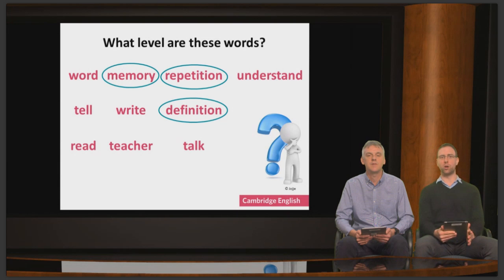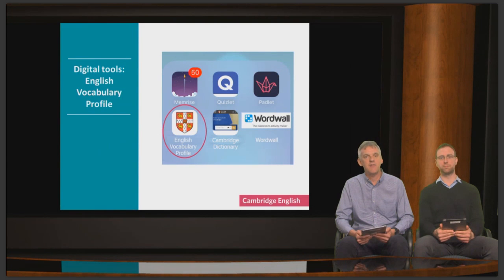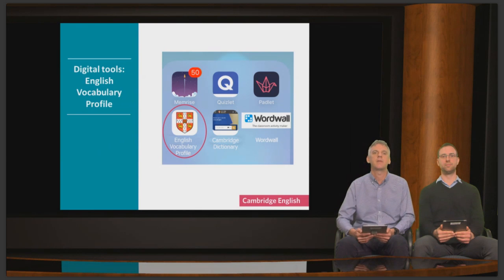But how can you find out what level they are? Well, there are several options to find out the level of a word, but let's start by looking at this free online resource, English Vocabulary Profile.